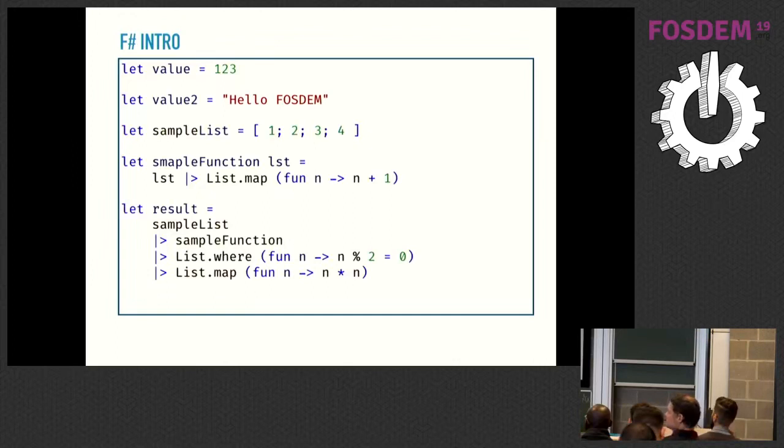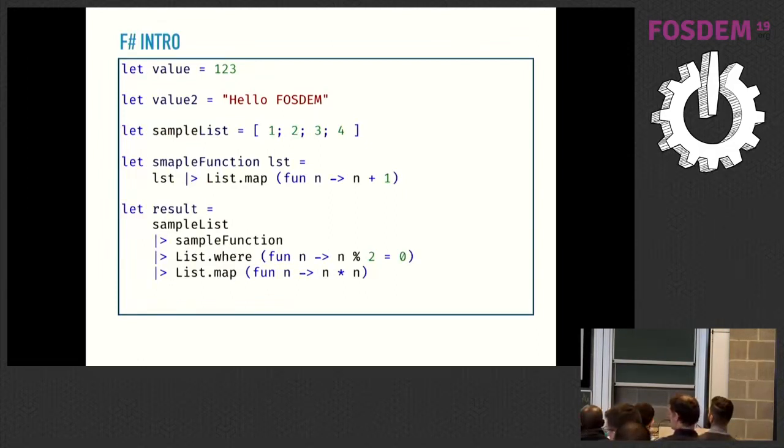So here in this example, the compiler at compile time, in your editor, knows that the first value is an integer, that the second value is a string, and that the sample list is a list of integers. And also it's a whitespace significant language, so you don't have curly braces, you don't have any other stuff. You just put 4 spaces, or however many spaces you want, to capture scope.